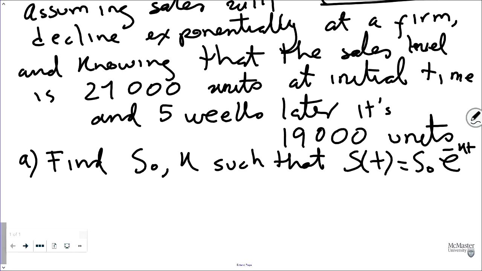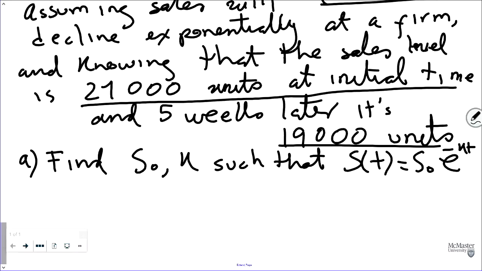I have some information, like the owner of the company or the accountant has info that there is a decline of sales, and he's expecting a decline that follows an exponential law. We have been provided two pieces of information: the amount of units at the initial time, and the amount of units 5 weeks later. There is also a coupled piece of info, because the unit of time in this case is weeks, if you want to stick for t equal to 5, and this is also in terms of 1,000 units, so that is useful.